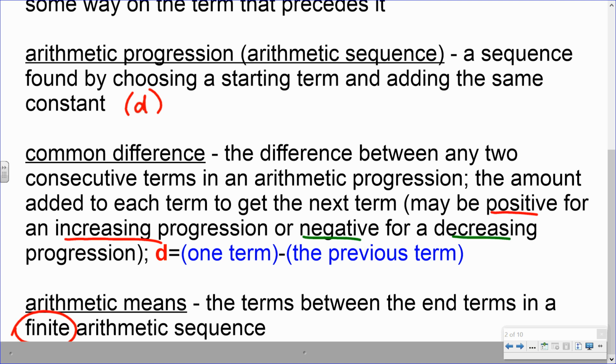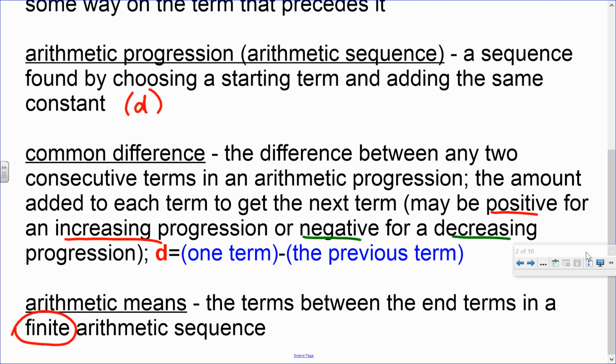But we can have a first and a last, and we can put 5 things in between, and all 5 of those extra ones are called arithmetic means. We don't have to do it with just one. And we'll have an example where we work through how that would work.